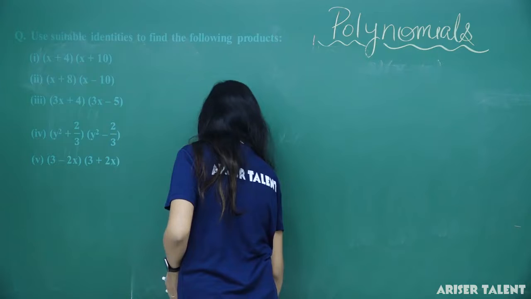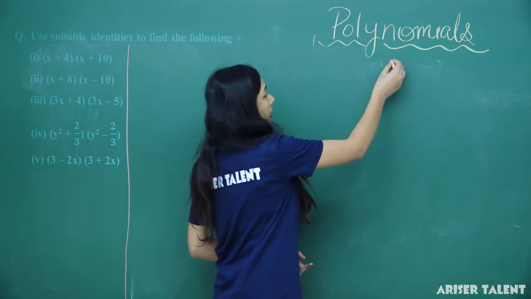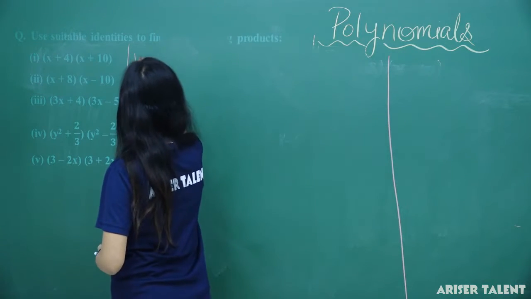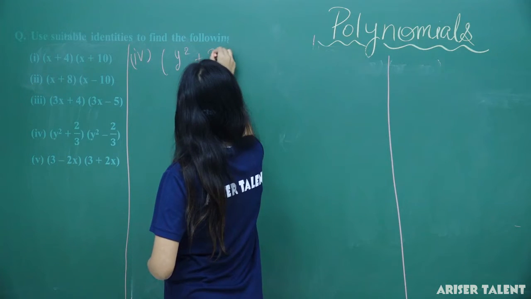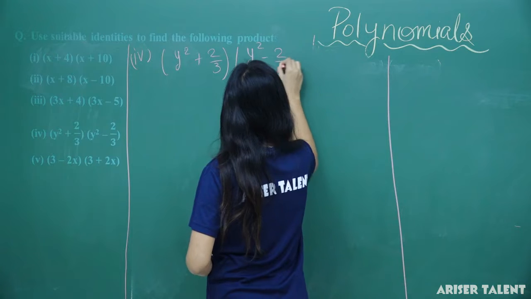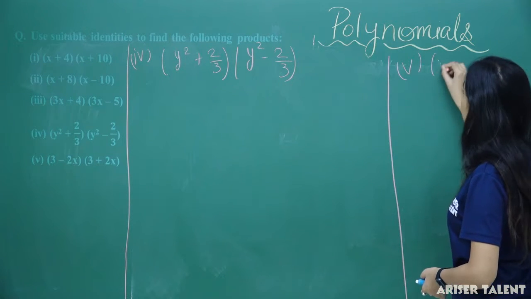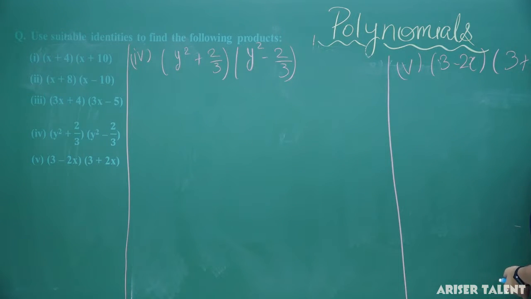So now these are the questions. Okay, so we are getting these 2 partitions here. In the first one we will solve this 4th one, and that is (y square plus 3 by 2)(y square minus 3 by 2), right. And here the 5th one we are getting (3 minus 2x)(3 plus 2x).